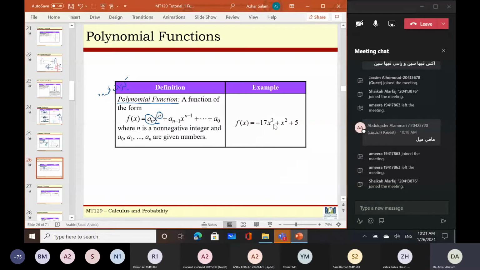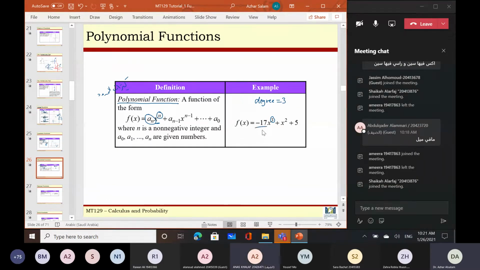Okay, for example, here I have x to the power 3, a polynomial of degree 3, من الدرجة الثالثة, cubic equation. هذه كثيرة حدود من الدرجة الثالثة, degree 3.